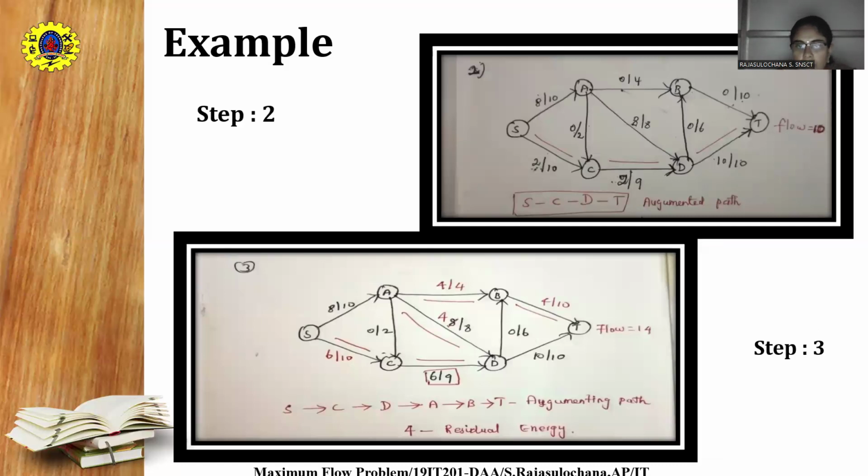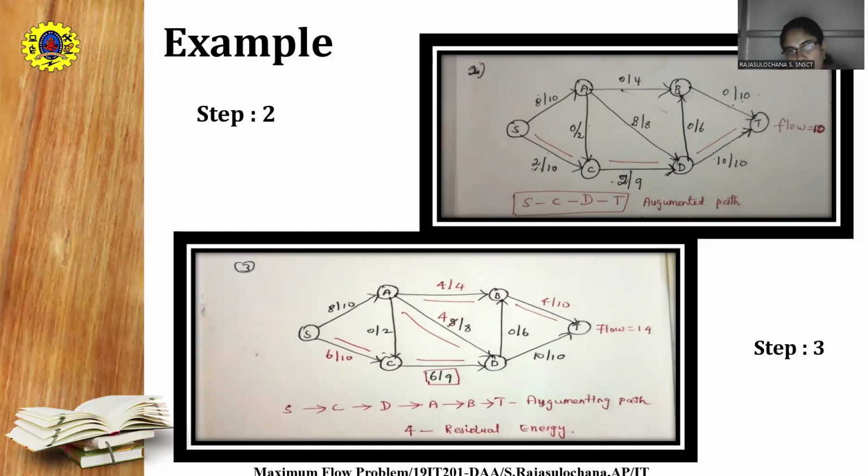Now I am choosing the augmenting path S, C, D, A, B, T. So if you see here, the minimum flow from S to A is 2, and from S to C, the minimum flow is 8. From C to D, it is 8, 7, and from D to A, we have only edges from A to D, which means the forward flow is only allowed.